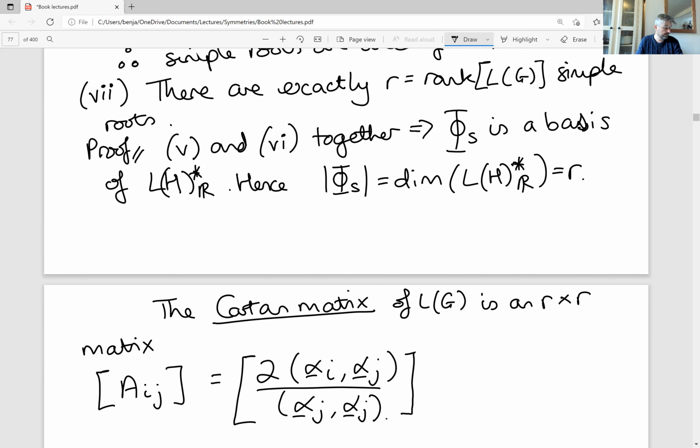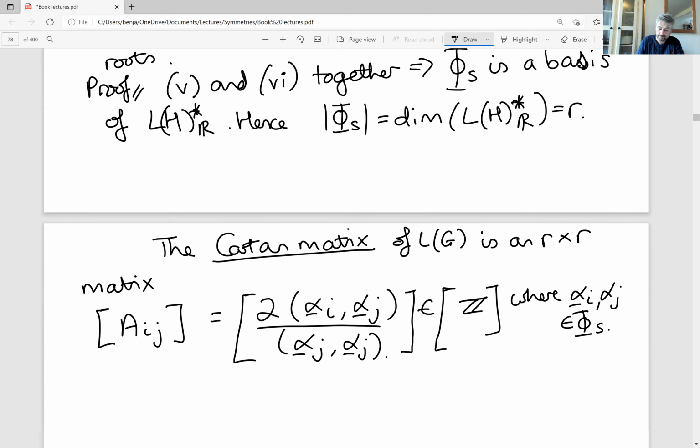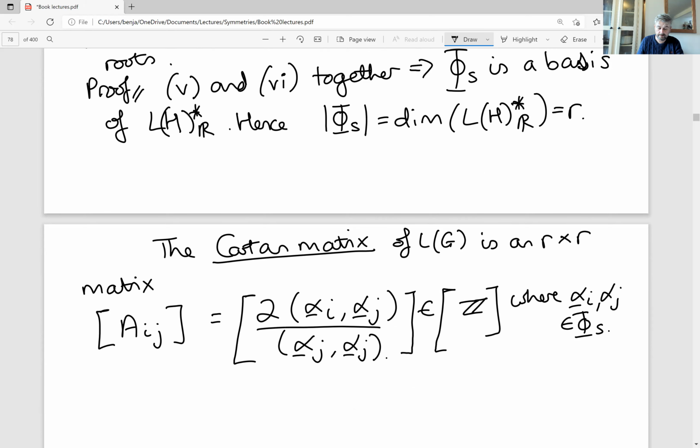So remember, we proved before that this quantity is an integer. So this is a matrix of integers. Now notice it's not necessarily symmetric because this alpha_j on the bottom breaks the symmetry.